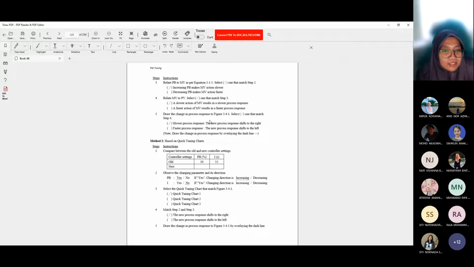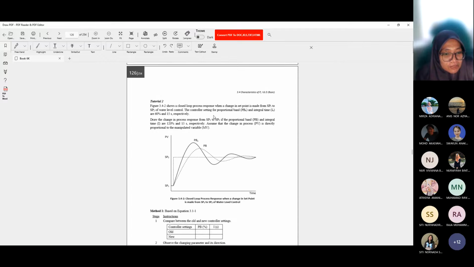So that means bila kita increase the value of PB, it will slow the action of MV, and from the slower action of MV, it will slow the process response. Itu kita bincang macam tu.